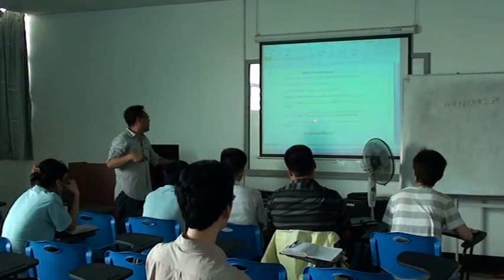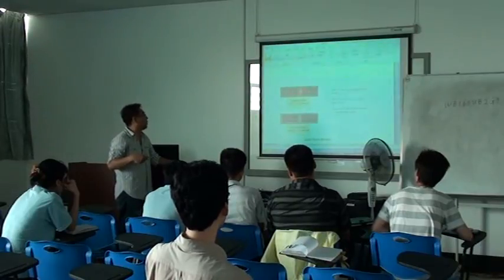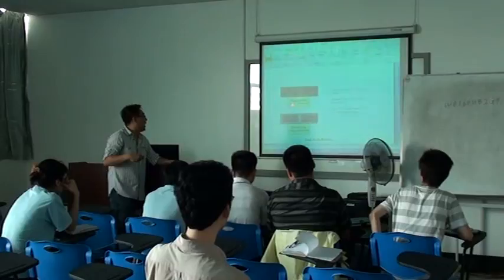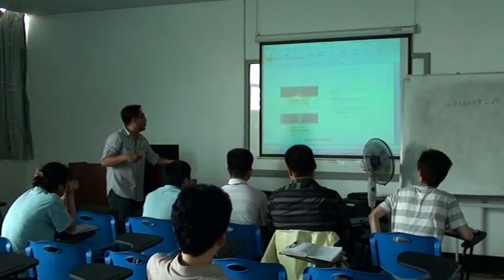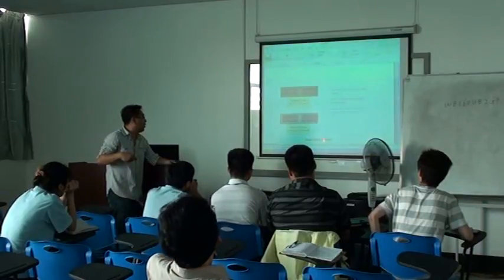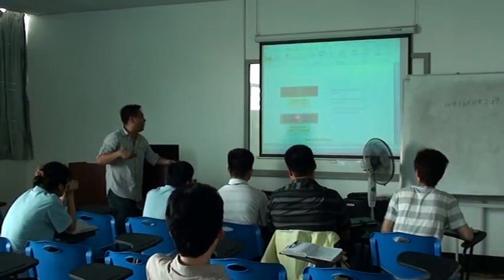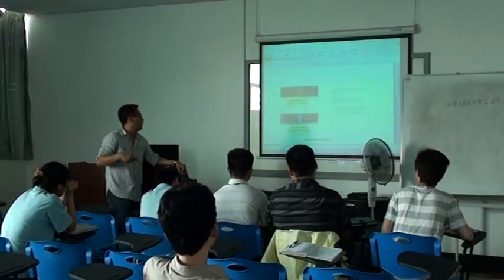Single rank module: 8 chips times 64-bit data path. It's a single rank module. So there is also a dual rank module. It looks like this dual rank module. So it has both sides. Single rank, right? And dual rank.